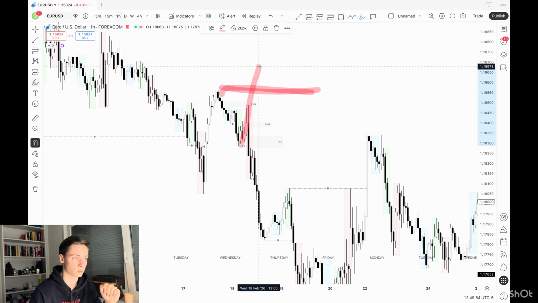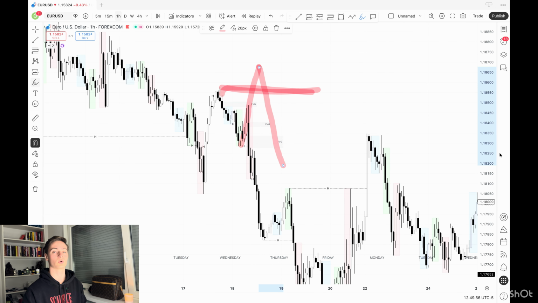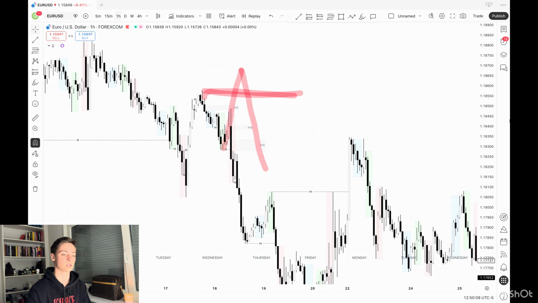The institutions take their positions to go lower, because I want you guys to understand liquidity on a much deeper level and not just some highs and lows on the chart. So basically what it actually means is that institutions and banks need liquidity to enter or to exit a trade, because they operate with really large amounts of money, hundreds of millions, billions of dollars.